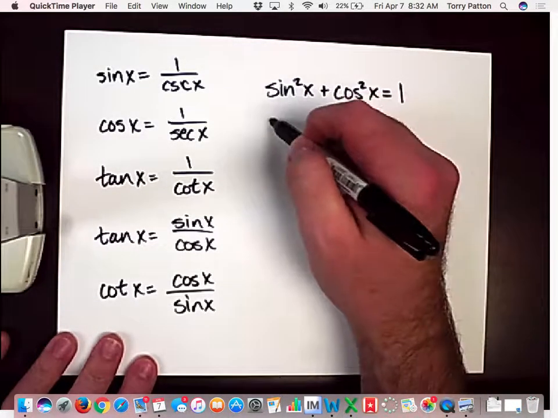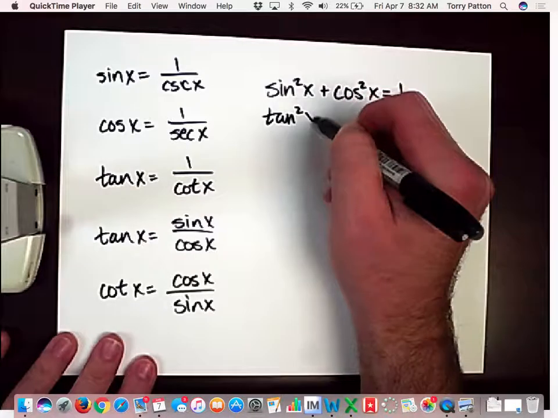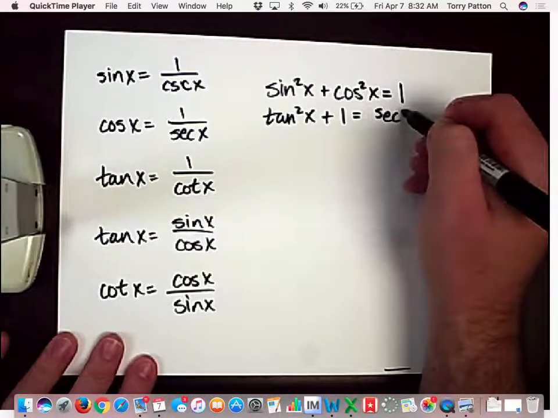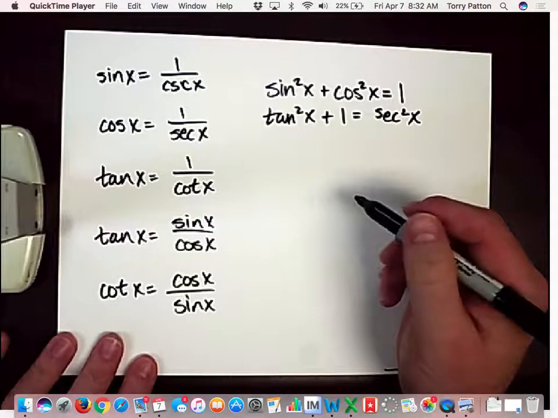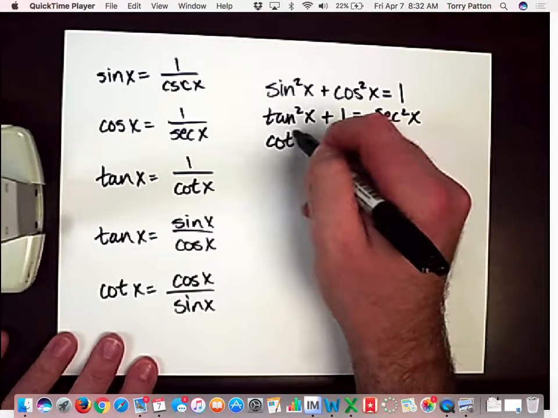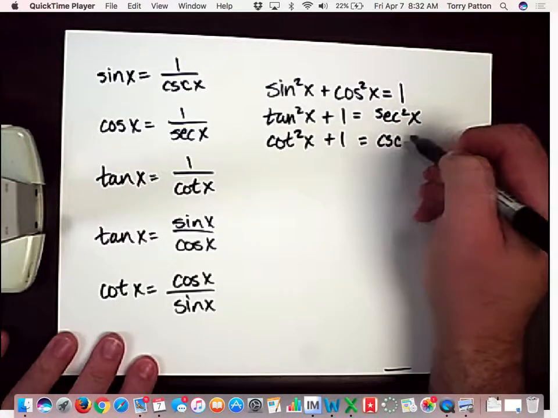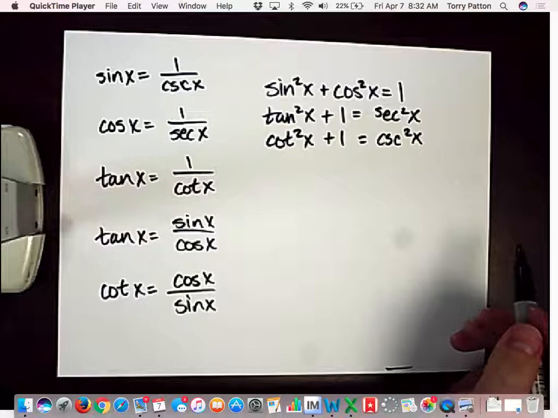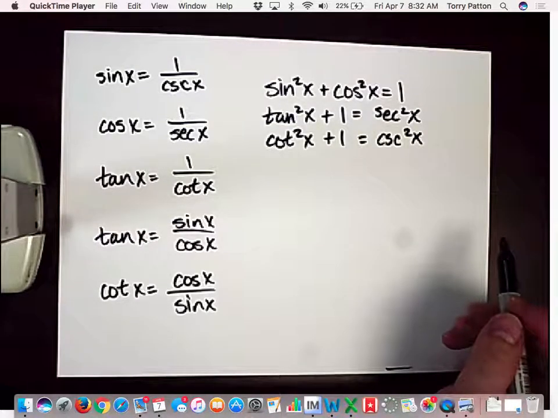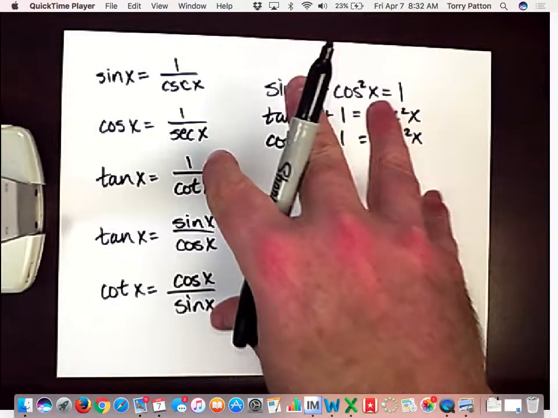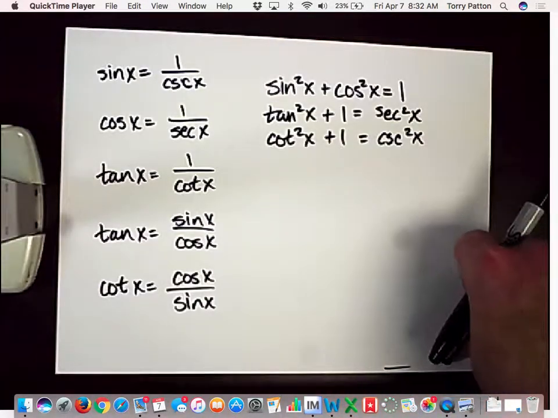Then we've got tangent squared x plus 1 is secant squared x. And cotangent squared x plus 1 is cosecant squared x. So these are the identities you know, and these are the ones you can use to prove other things.